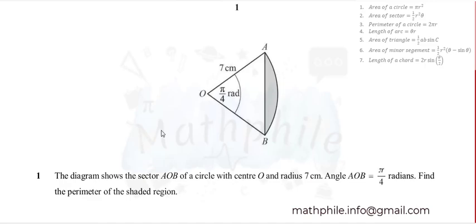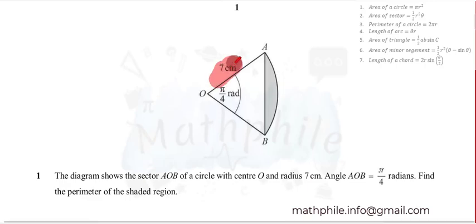Okay, so there's one thing we have to be careful about. We're given the angle, that is pi over 4. Then we're given the radius as well. So radius and the angle, and we have to find the perimeter of the shaded region. Basically, this is part of the formulas I was talking about. Perimeter of this is going to contain 2 things.